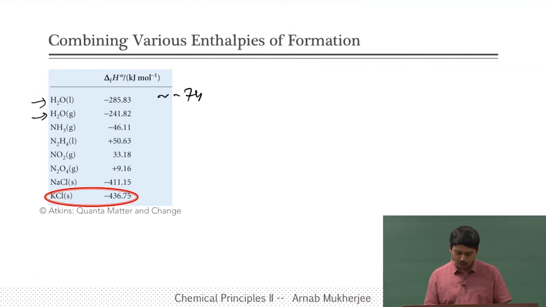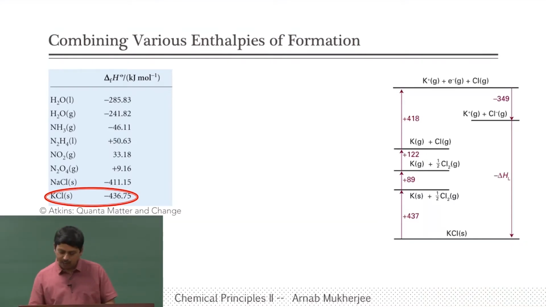So, we are going to only talk about the formation of KCl, what are the things involved in the formation of KCl. So, for KCl again we start from this 0 state where potassium is a solid and chlorine is a gas, Cl2.